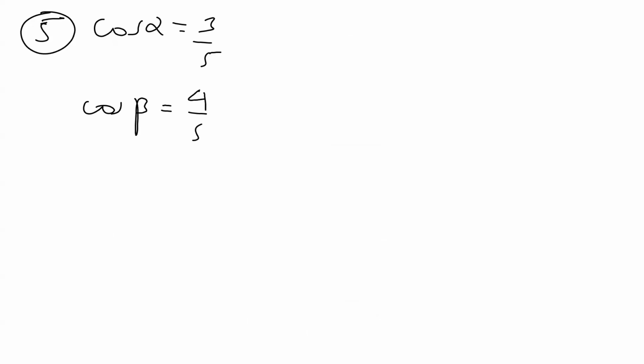Question number 5. Cos alpha is equal to 3 by 5. Cos beta is equal to 4 by 5. They're asking cos of (alpha minus beta) by 2. First of all, I'll find out: alpha and beta are acute angles, so they are in the first quadrant.